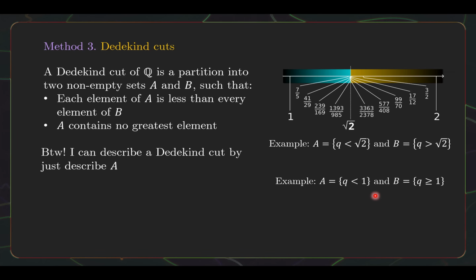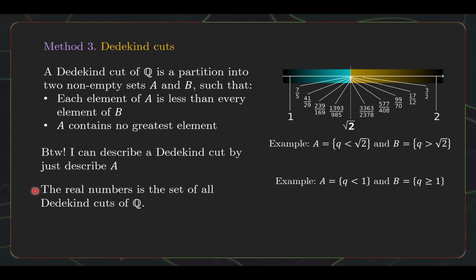By the way, I can just describe a Dedekind cut by describing the left side, because the right side is the complement. So from now on, when I describe a Dedekind cut, I will just tell you the left side. So the real numbers are then the set of all Dedekind cuts of Q. It's very intuitive: it's all ways of cutting the rational numbers into a left side and a right side.